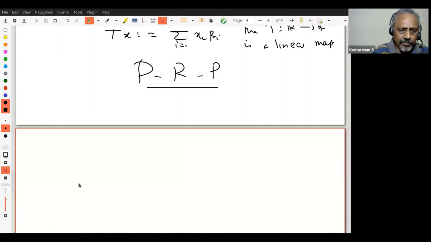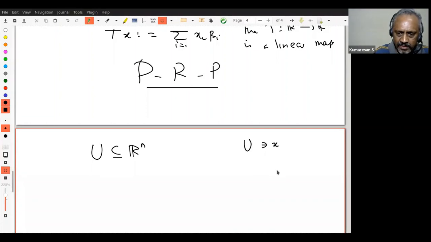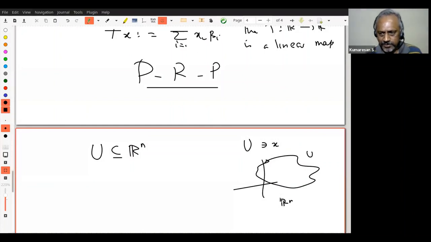Now, what we want to do is let U be a subset of Rn, and I want to make a demand on U. Whenever x is there, this may be your U, this is Rn. I always draw a picture in R2, that already gives enough geometry for me.